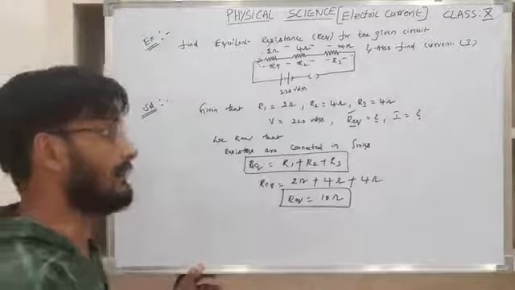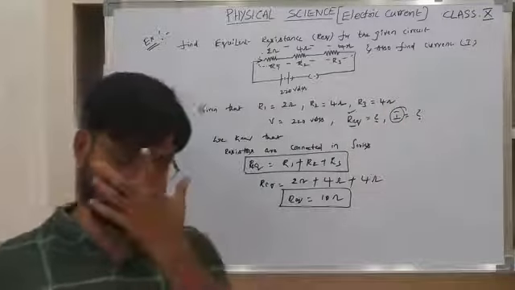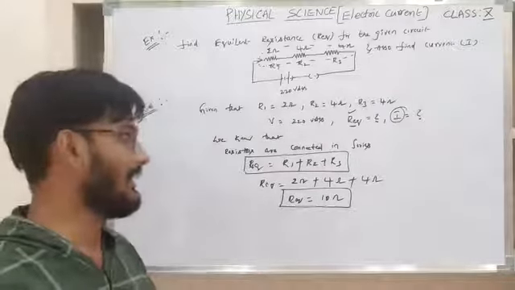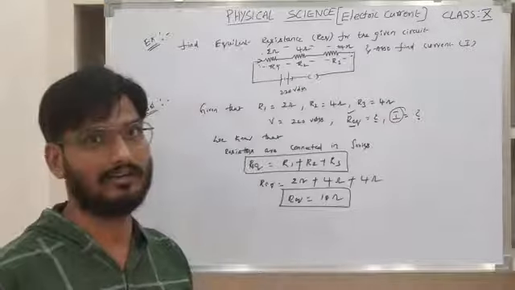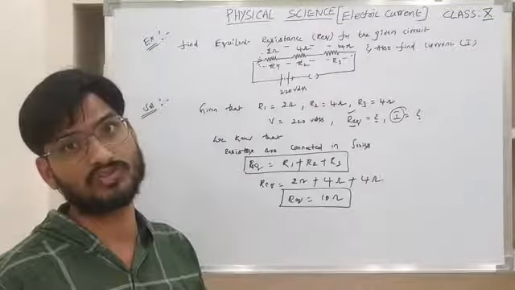And another factor, that is I. How can we calculate the current? Before going to calculation of current, first of all we have to know the formula of Ohm's law.